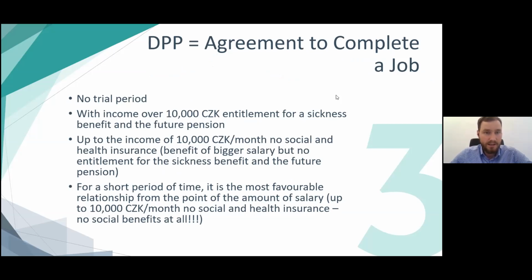After that, you have to pay social and health insurance, which gives entitlement to sickness benefit and future pensions. So that is usually why the employer always tries to keep the wage from the agreement under 10,000 Czech crowns. After that, it's more expensive for both parties.